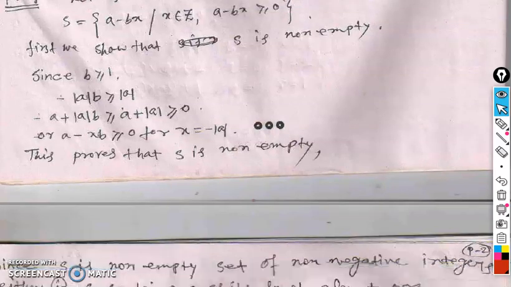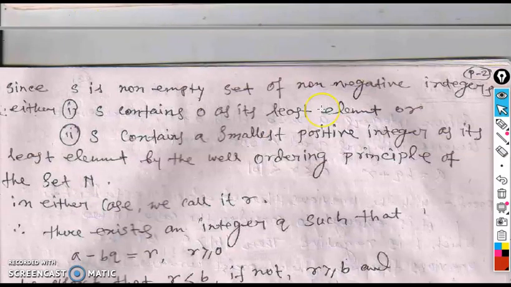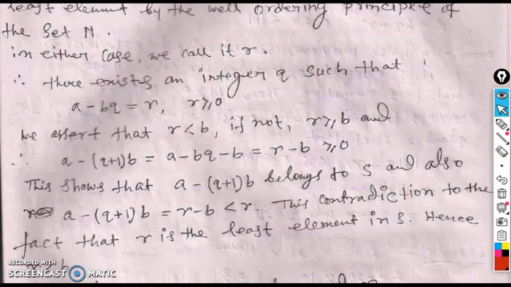Since the set is non-empty, what does the well ordering principle say? It must have a least element. The well ordering principle says there must be a least element inside it. Either S contains 0 as its least element, or the smallest positive integer is its least element by the well ordering principle of the set of natural numbers. In both cases I treat the least element as r.